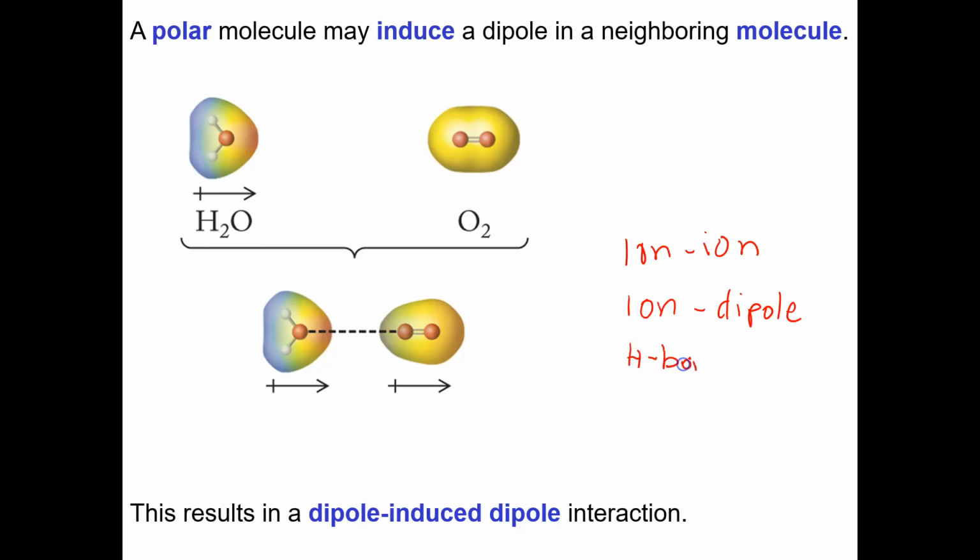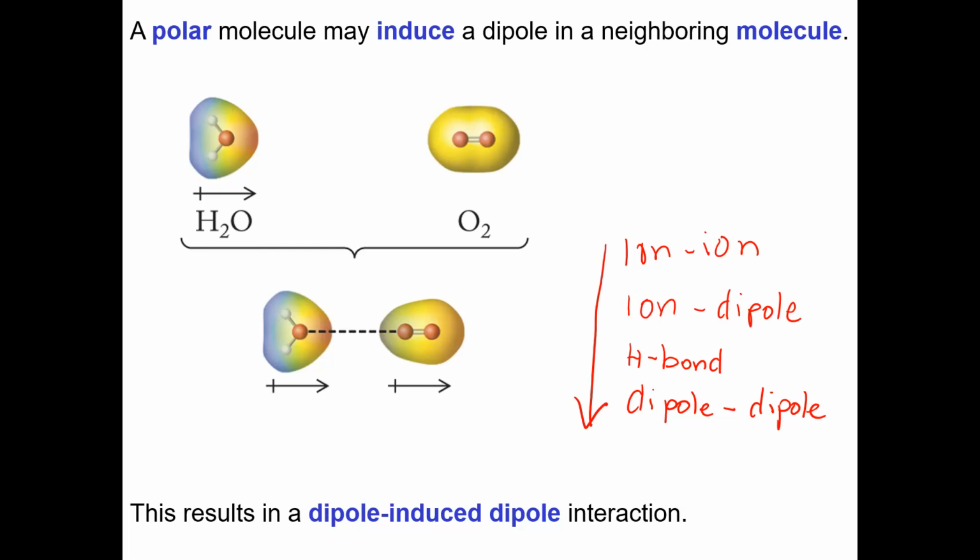Then we have hydrogen bonding, which requires polar molecules that meet particular criteria. And the final interaction with the lowest energy to date is dipole-dipole interaction, which requires polar molecules again. So energy is decreasing as we go down this list.